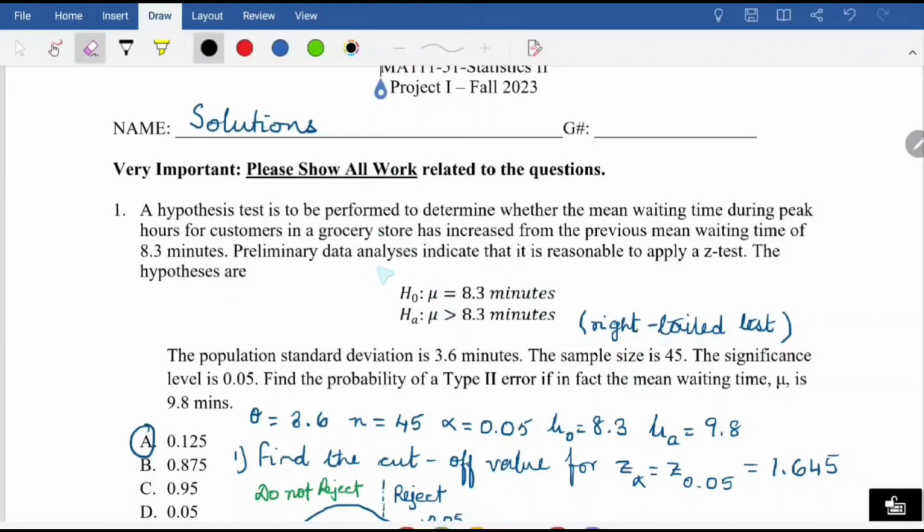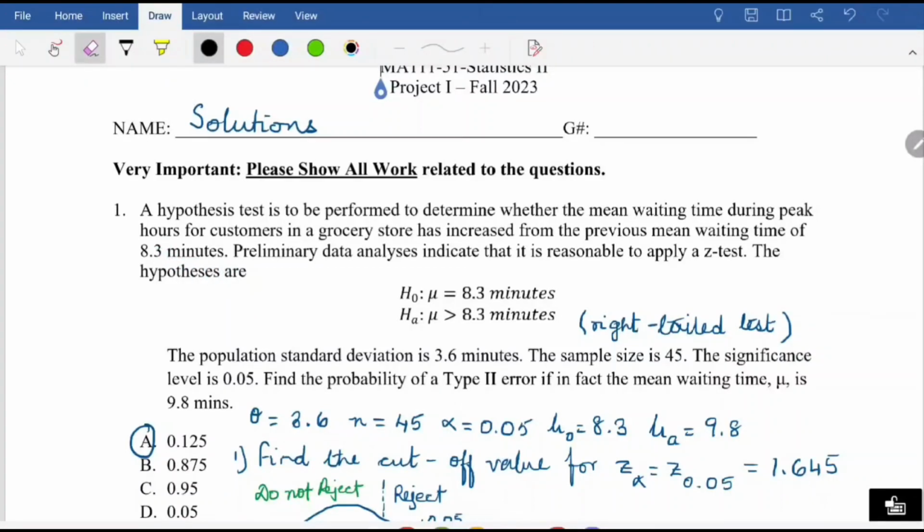So what they are looking at here are the mean waiting time during the peak hours for customers in a grocery store, perhaps at the checkout counter. And what they want to test is if that time, the average wait time, has increased from a previous wait time of 8.3 minutes.